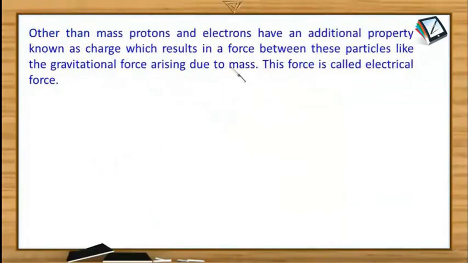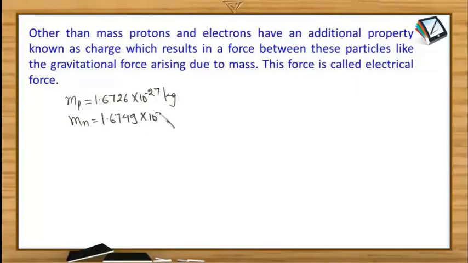These fundamental particles have masses. Mass of a proton is 1.6726 into 10 raised to the power minus 27 kg. And mass of one neutron is 1.6749 into 10 raised to the power minus 27 kg, almost the same as that of the proton.